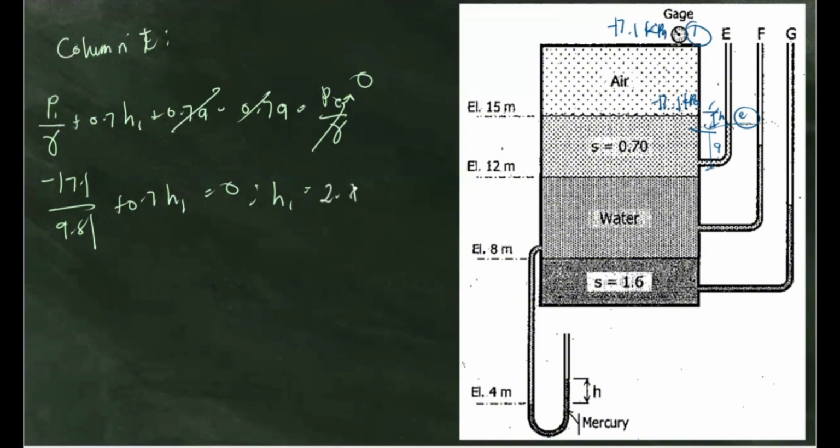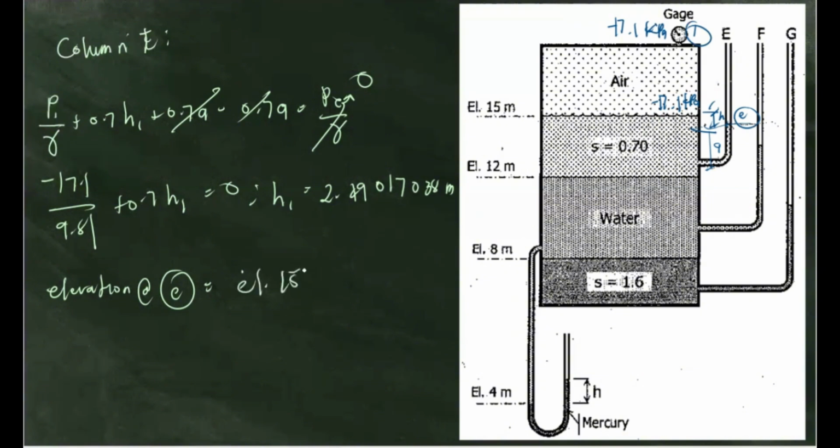2.49 meters. So ngayon, para malaman natin yung elevation at E, this will be equal to yung elevation na 15 meters, nakikita nyo ba? Kasi mas mababa, inassume natin mas mababa, no? Which is sa figure, mas mababa talaga.